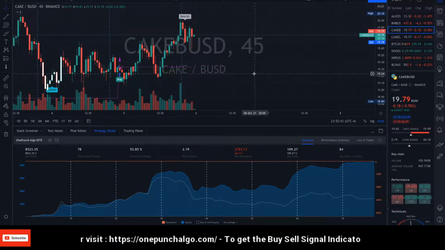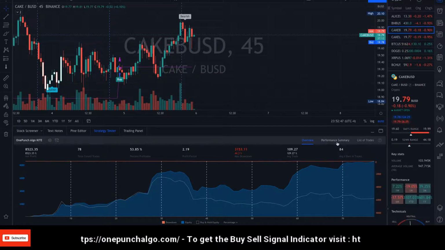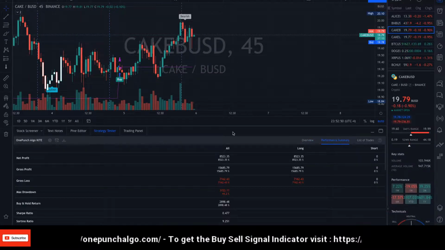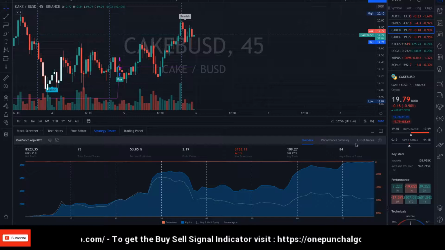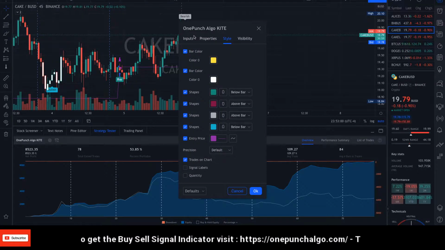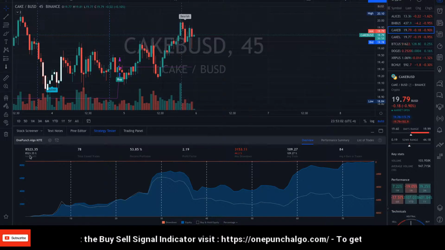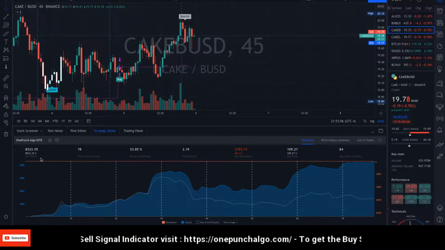Now the next part is to see the performance of the strategy. As you can see here, the net profit of this strategy, compared with year-to-date results, is 8,523%, which is actually not bad.